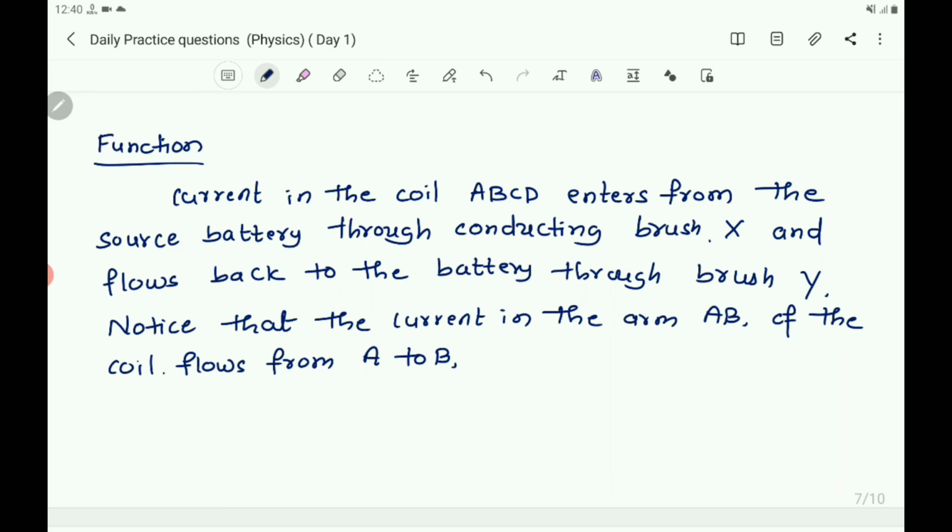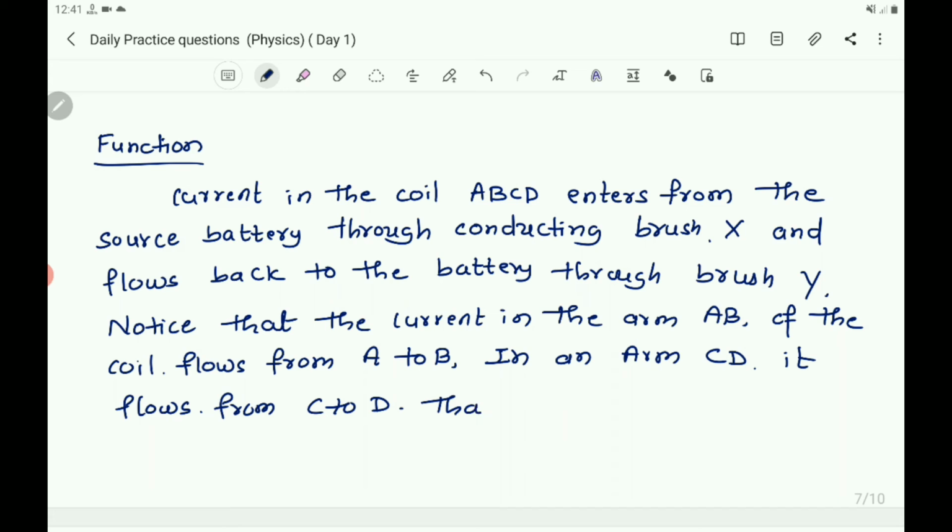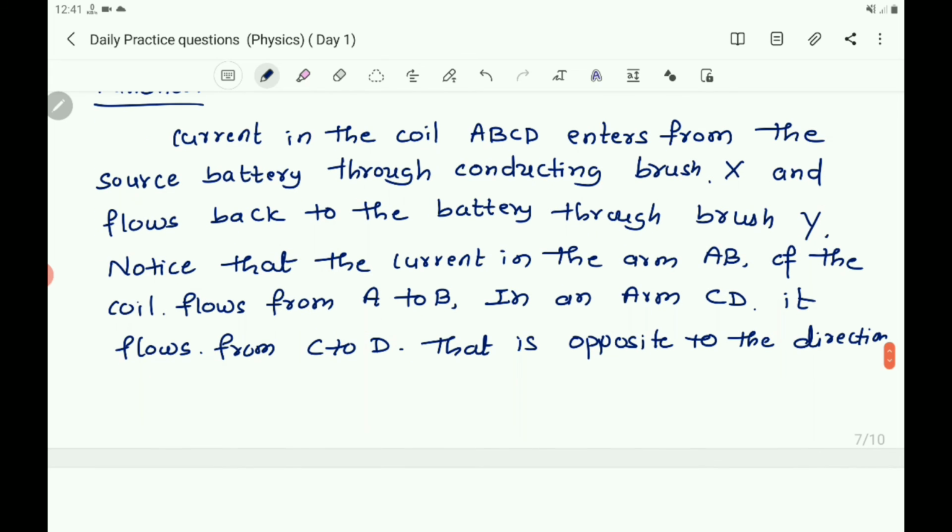In arm CD, it flows from C to D, that is opposite to the direction of current through arm AB.